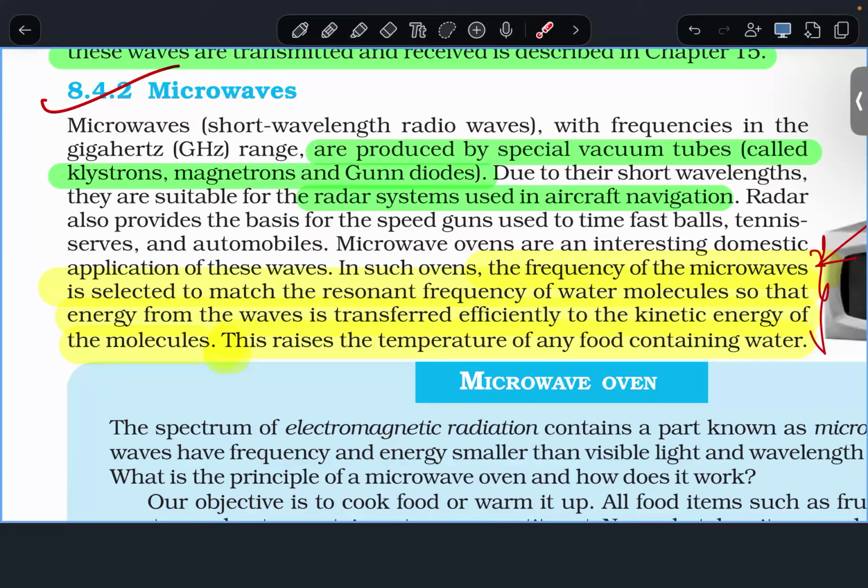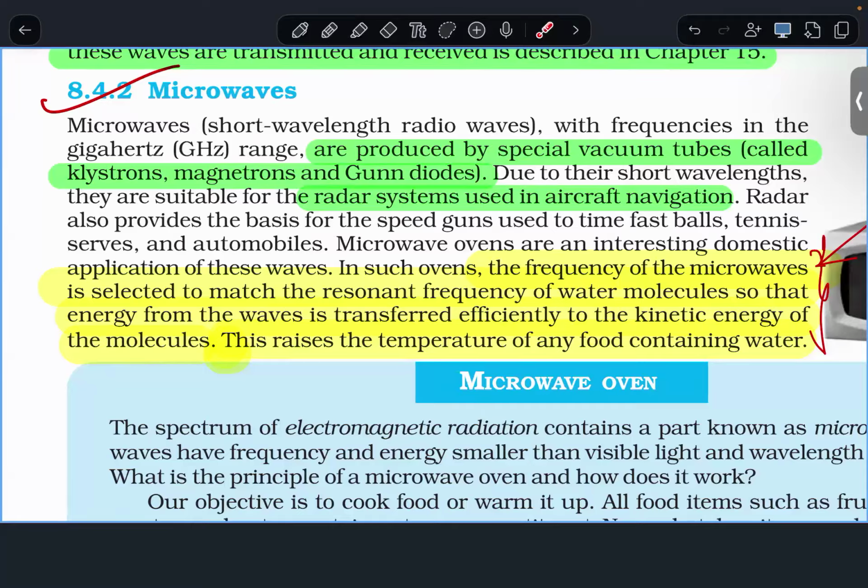Radars also provide the basis of speed guns used to time fast cricket deliveries, like 140, 136. How do they tell? Using this system, radar. Also tennis and automobiles. Microwave ovens are interesting domestic applications of these waves.